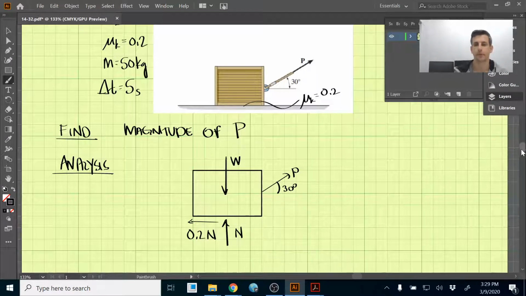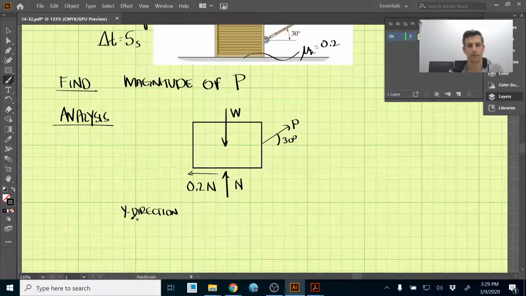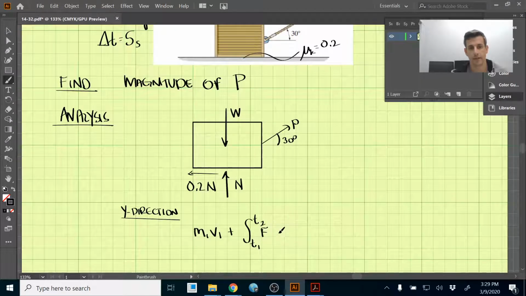Okay, so let's do the y direction first. We'll break this down into the equations in the x and the y direction. So we have m1 v1 plus the integration from t1 to t2 of F dt equals m1 v2.